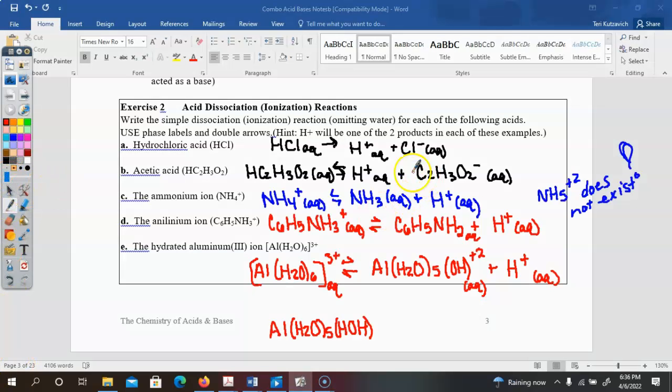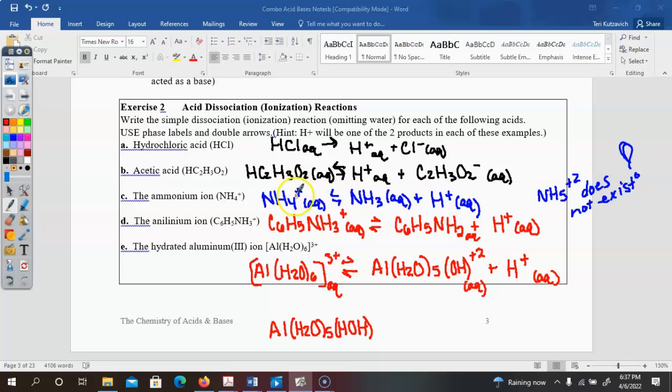All right, so I have them all written here. This is acid dissociation reactions, so you know for all of these you should be producing the hydrogen ion. So you just have to remove a hydrogen ion from every single one of these ions or molecules. This guy right here, you're removing an H+.